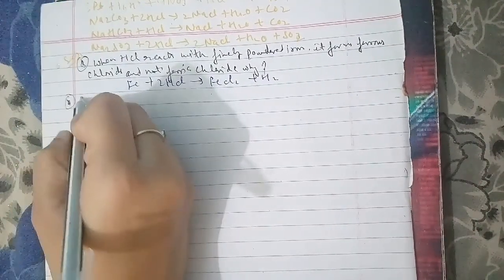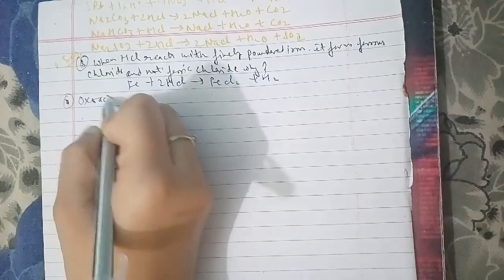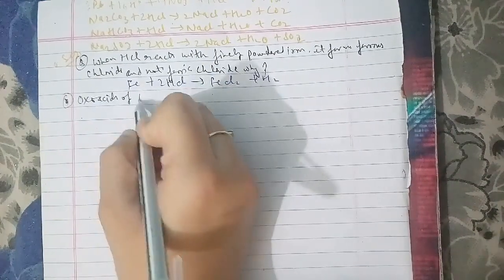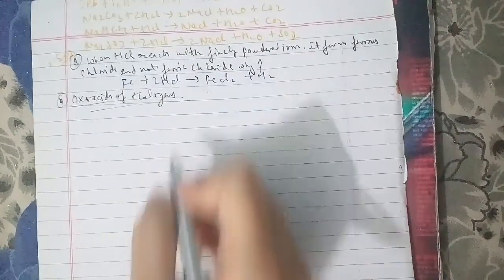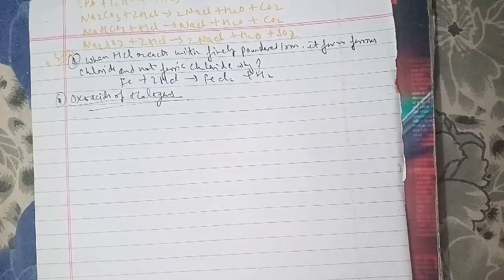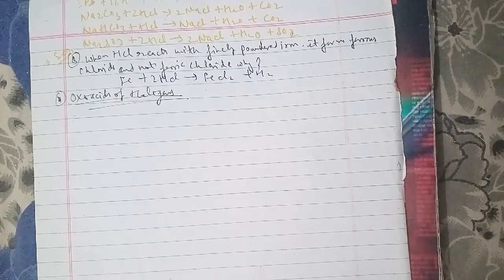Most of them cannot be isolated in a pure state and are stable only in aqueous solution or in the form of their salts. We will discuss their structures in detail.